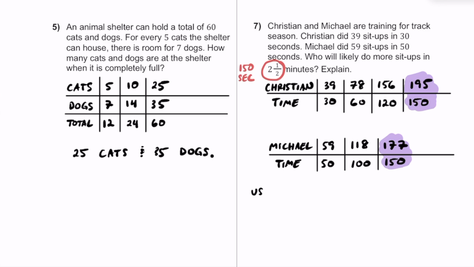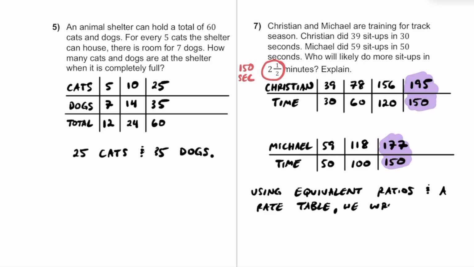So we can go ahead and say that using equivalent ratios and a rate table, we wrote rates per 150 seconds, aka 2.5 minutes.